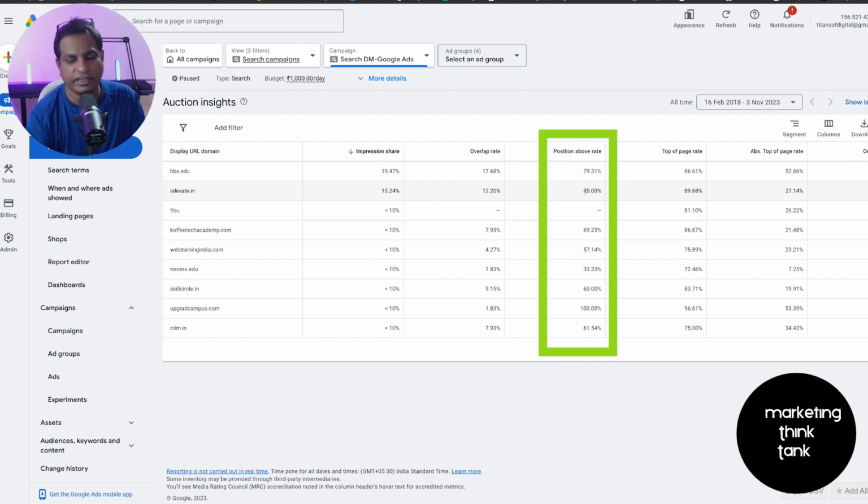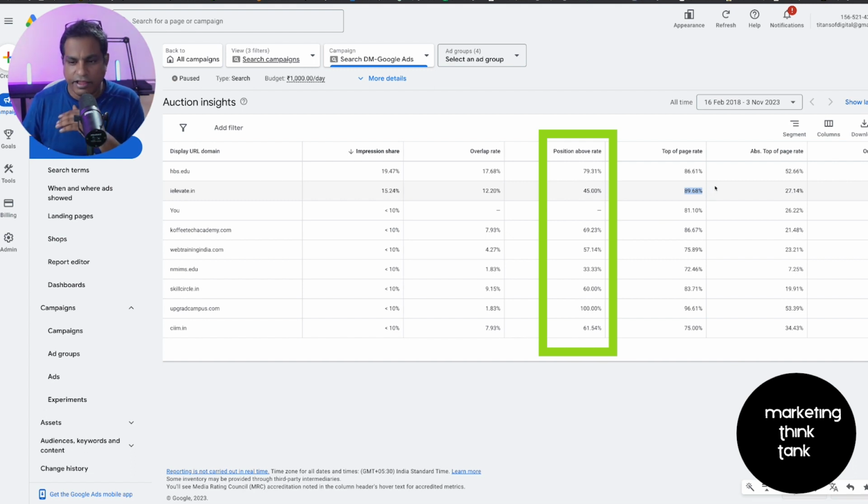Okay, position above rate is very simple. What percentage of the times did my competitor's ad show above my ad? So when it says "you," this is me, right? So 45% of the times, my competitor's ad has shown in a better position than mine. Then you have top of the page rate.